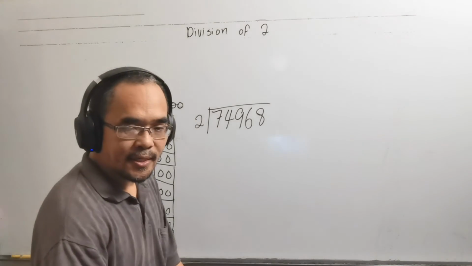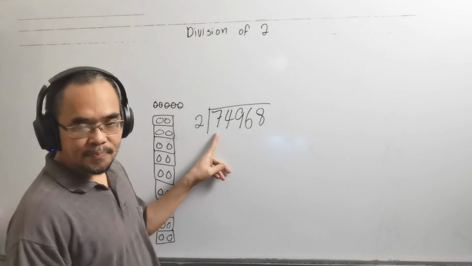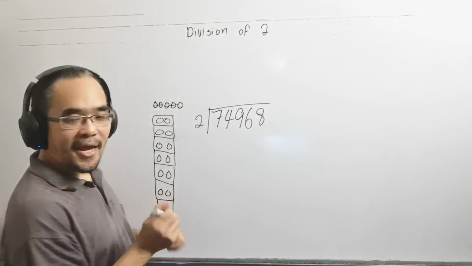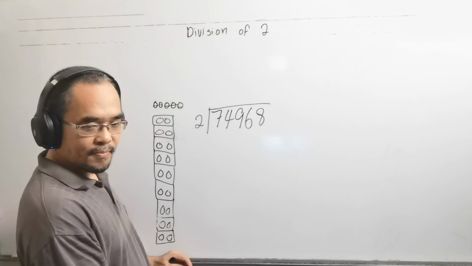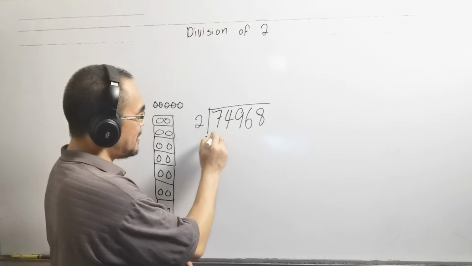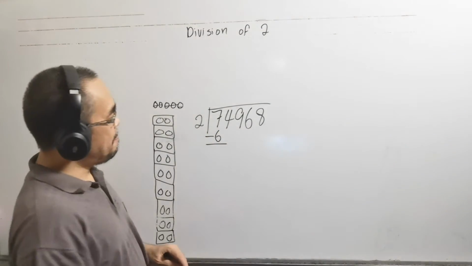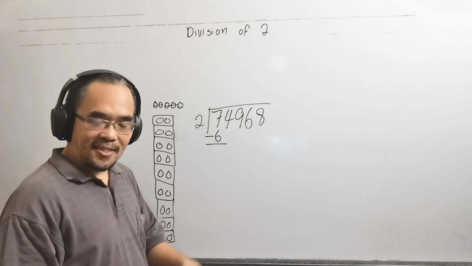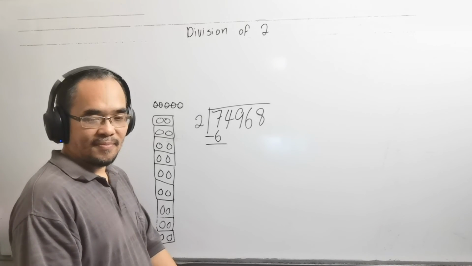So first, read multiplication of 2 until 7. 6. Where do you write 6? Yes. That 6 is below 7. But how many fingers do you use in order to get that 6? 3.